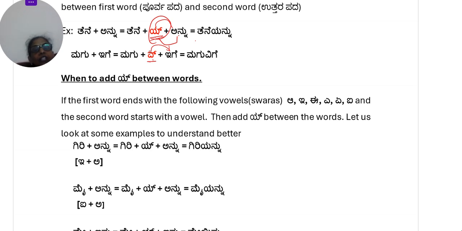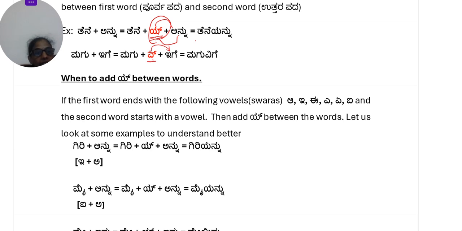If the first word ends with the following a, e, i, okay, if it's ending with any of these swaras, a, e, i, and the second word starts with a swara, that swara can be any swara, then add ya in between the words. So let us look at some examples, then we'll understand.